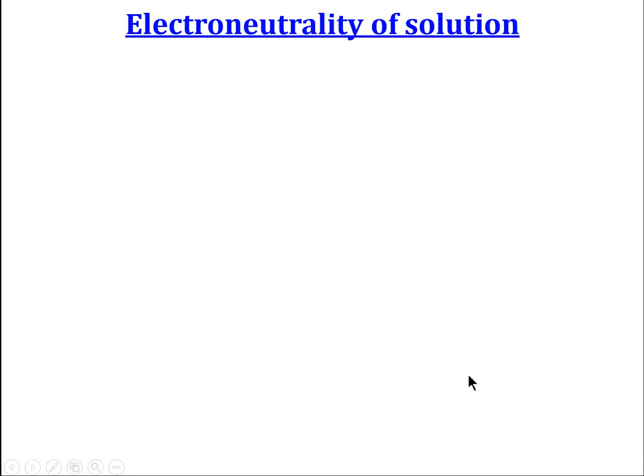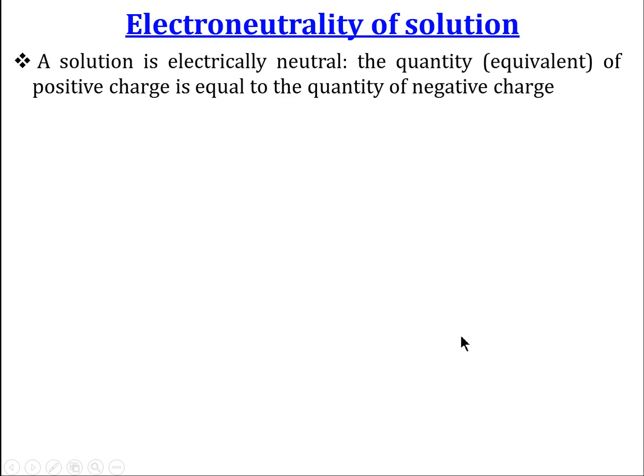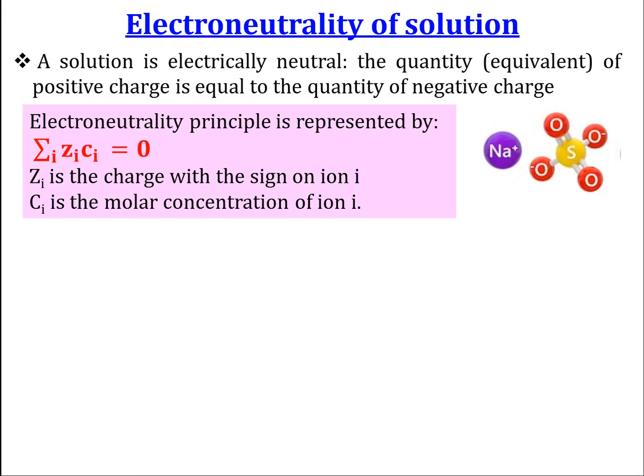A solution is electrically neutral. That means the quantity or the equivalent of the positive charge is equal to the quantity or the equivalent of the negative charge. And the electroneutrality principle is given according to the formula: the sum of ZiCi equals 0, where Zi is the charge of the ion i, and Ci is the concentration of this ion.